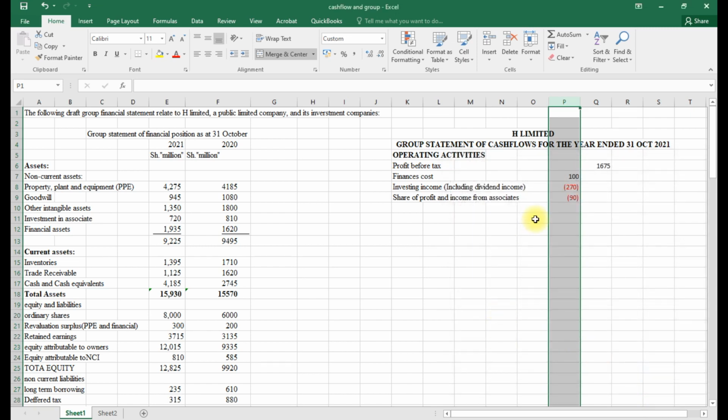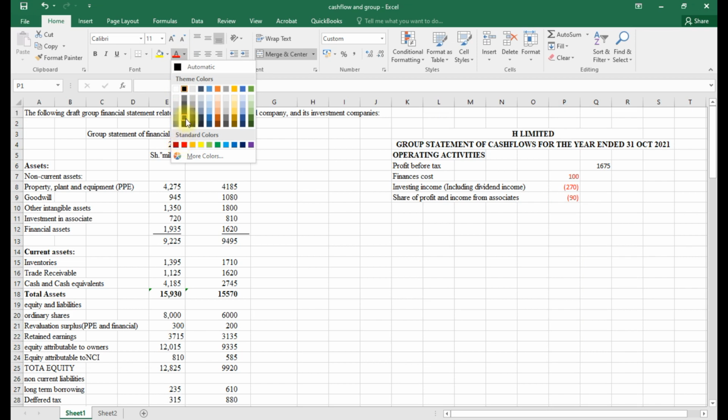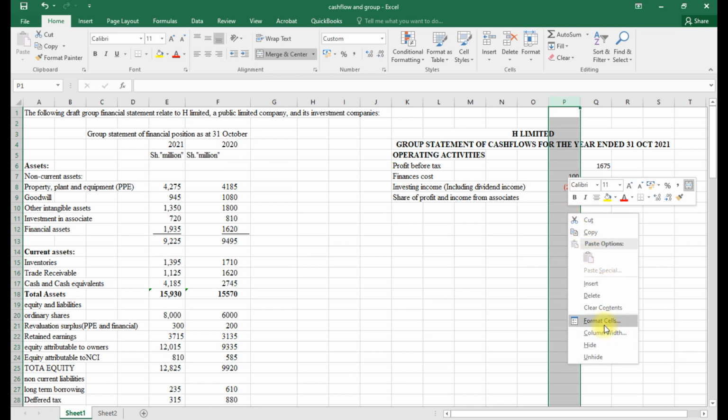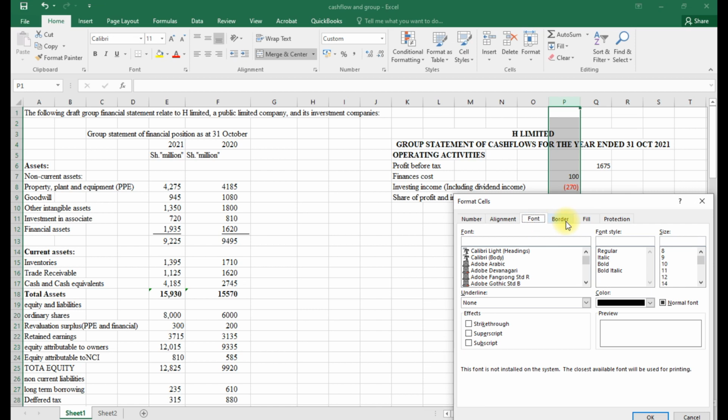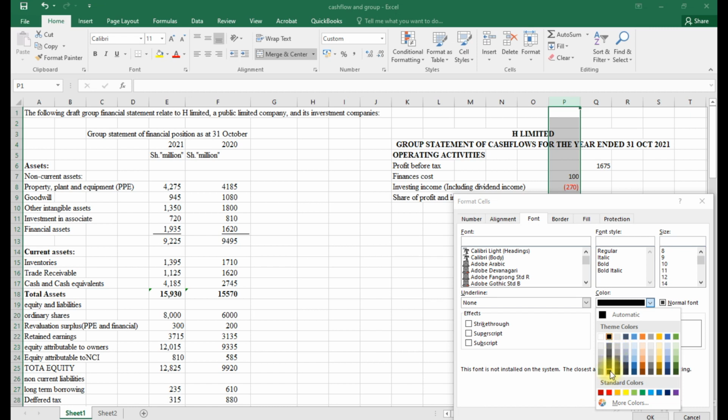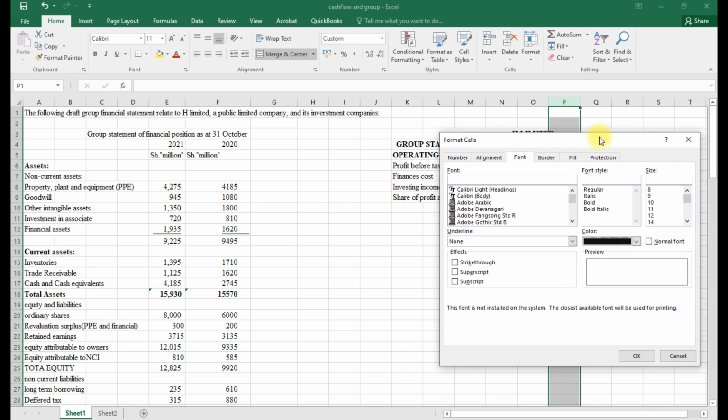And I need it in that color. Let me again format the color, the font. The color should be black.